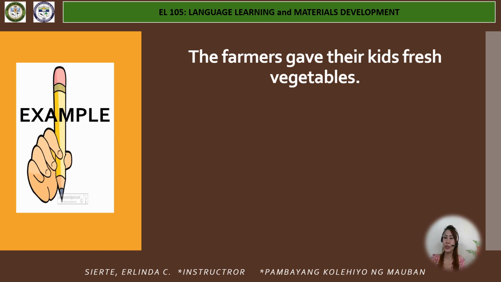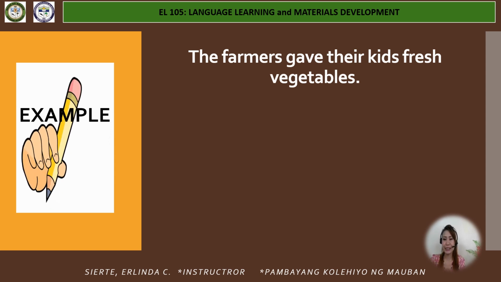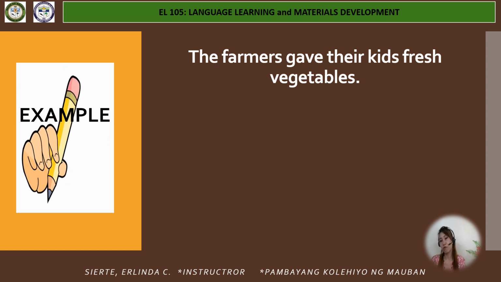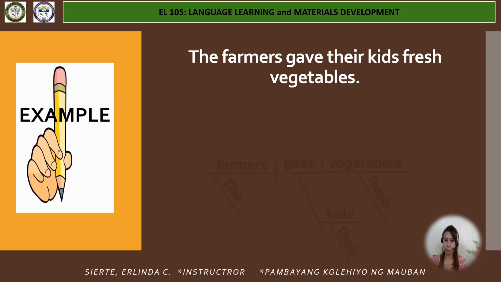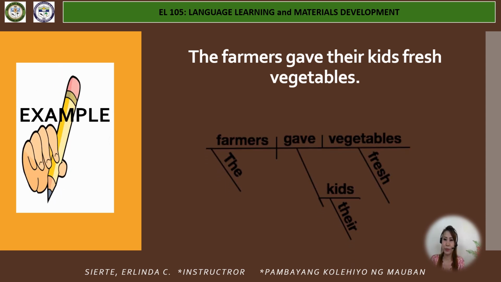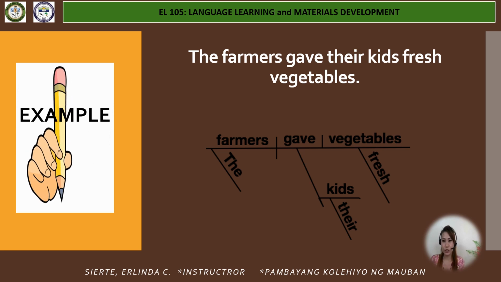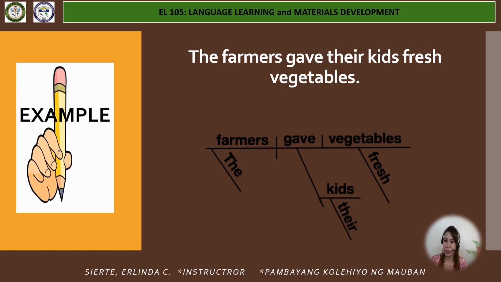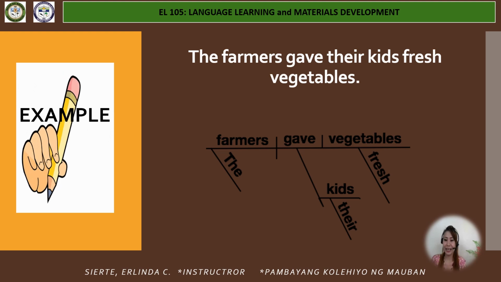The farmers gave their kids fresh vegetables. So how are we going to do a sentence diagramming with the given sentence? Here it goes. The farmers gave their kids fresh vegetables. You will be learning how to diagram a sentence later.